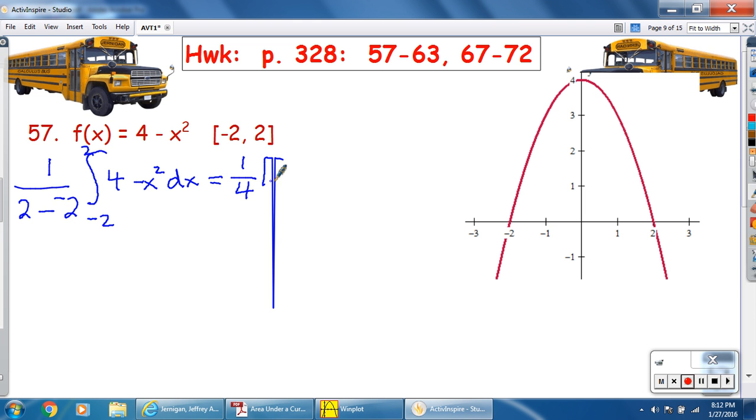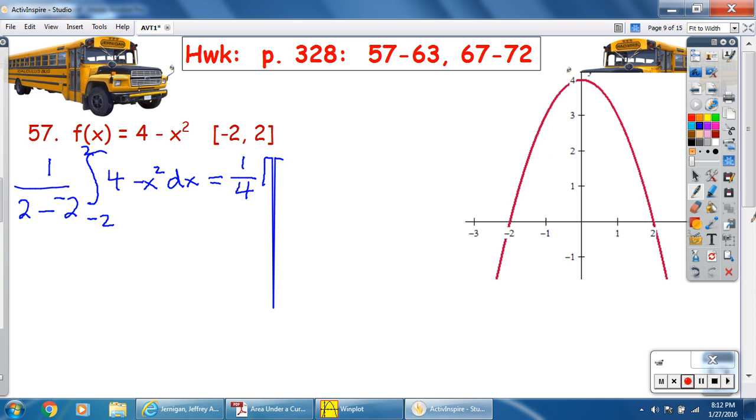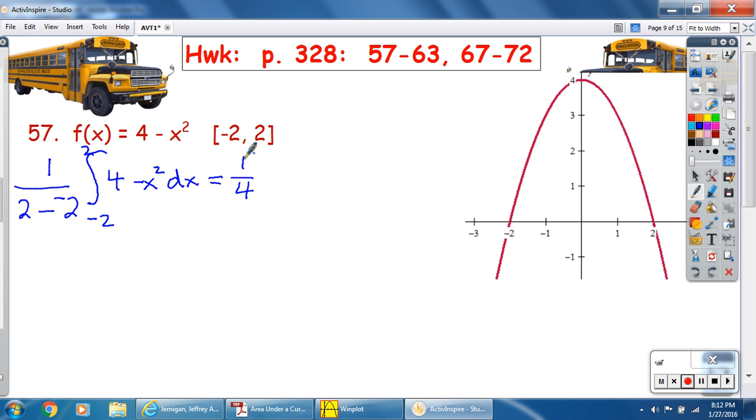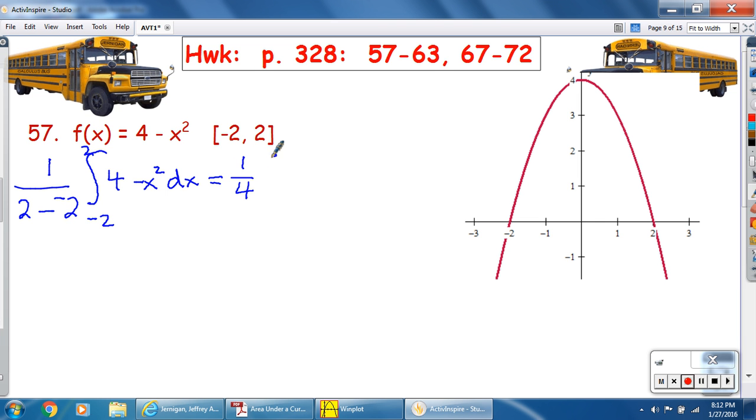Now I'm going to find the antiderivative of 4 minus x squared, which is 4x minus x cubed over 3.